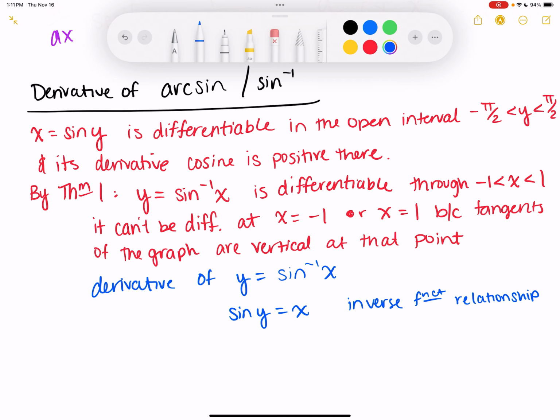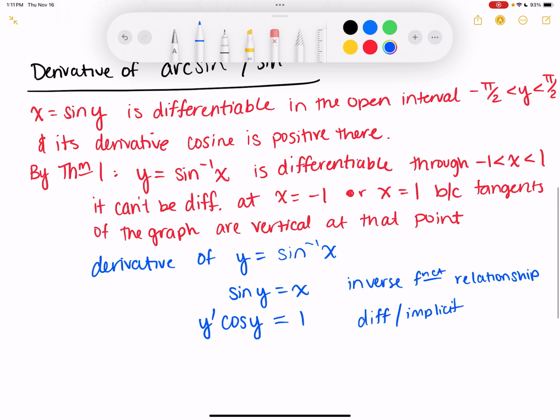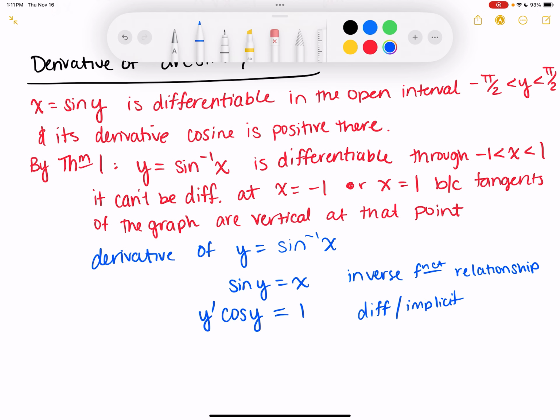So if we take the derivative of both sides with respect to x, we would have the cosine of y, y prime, is equal to 1. And so we're differentiating implicitly. So then y prime is equal to 1 over the cosine of y.